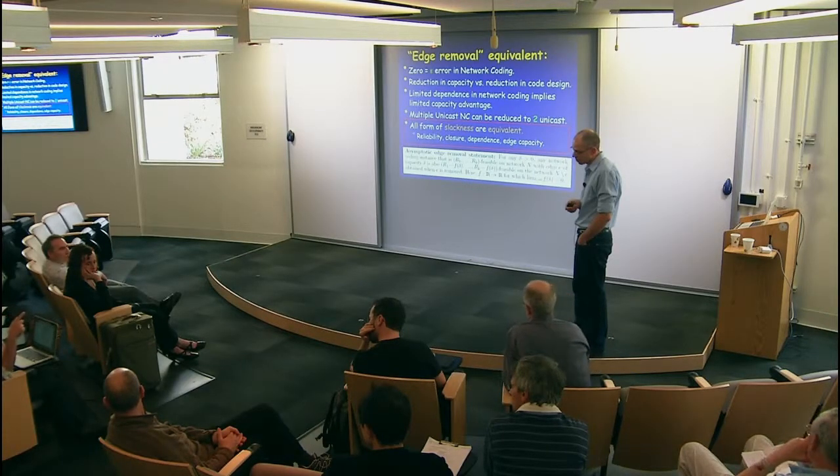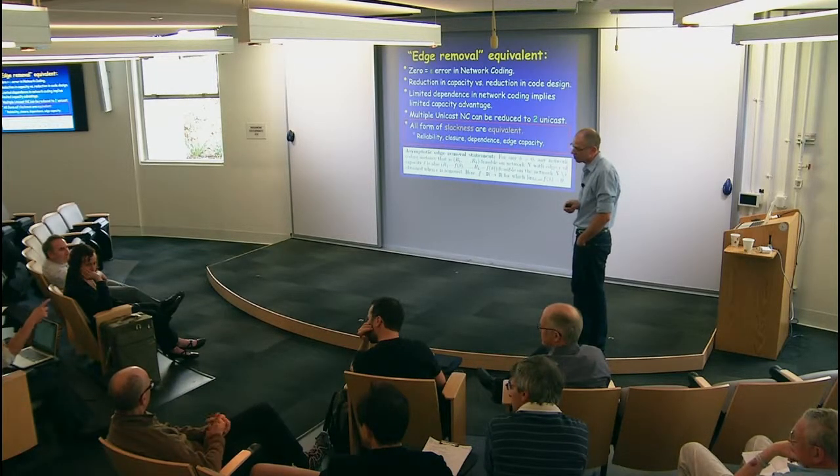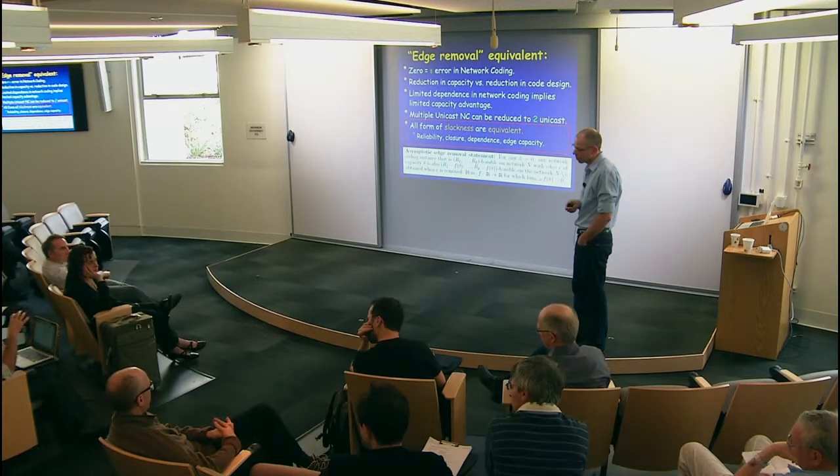So for the sum rate for multiple unicasts approximating within, let's say, a log k factor, where k is the number of sessions, how would now, in this reduction, for example, you mentioned it can be reduced to 2 unicasts, how would my approximation factor change?